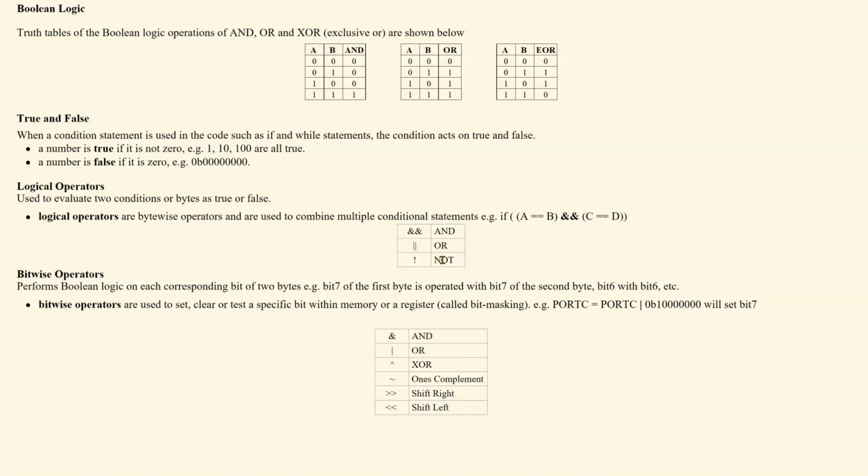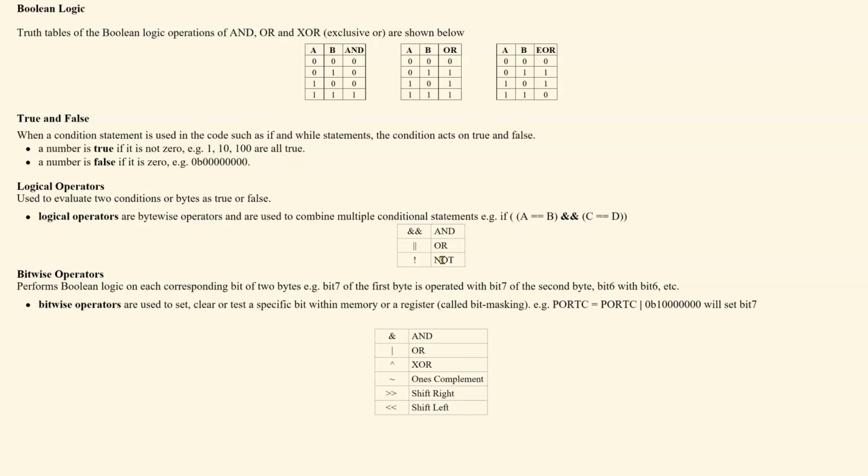Bitwise operators perform Boolean logic on each corresponding bit of 2 bytes, e.g. bit 7 of 1 byte is operated with bit 7 of the other byte, bit 6 with bit 6, etc. Therefore, Boolean logic is performed on individual bits of the byte.